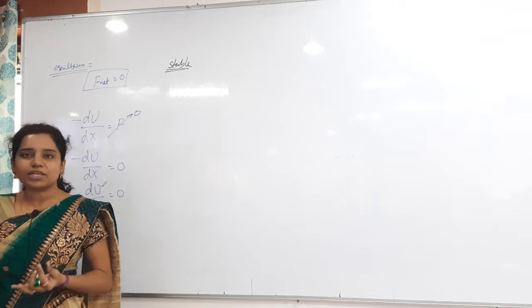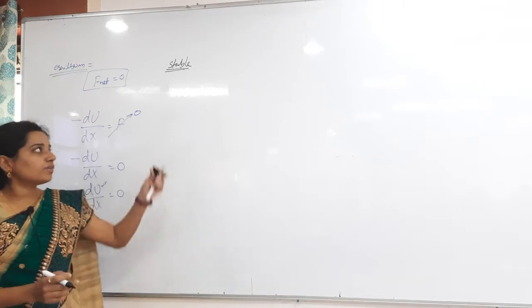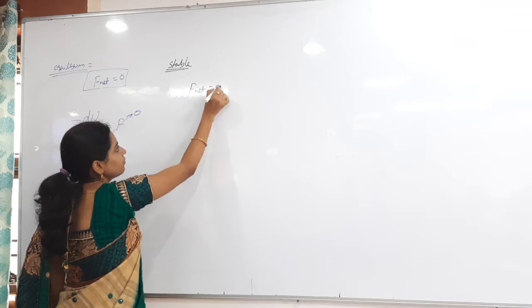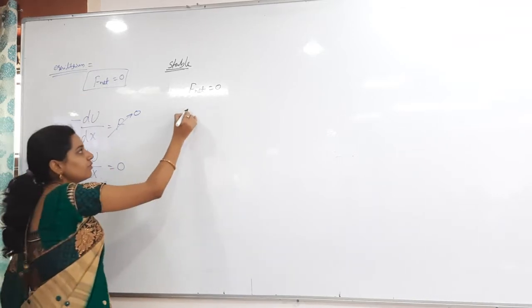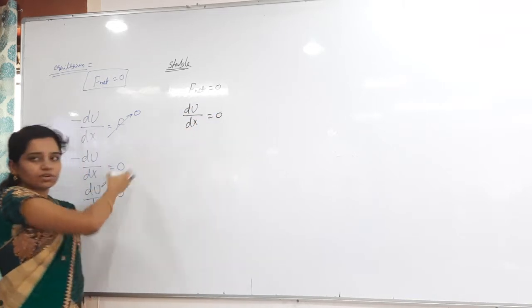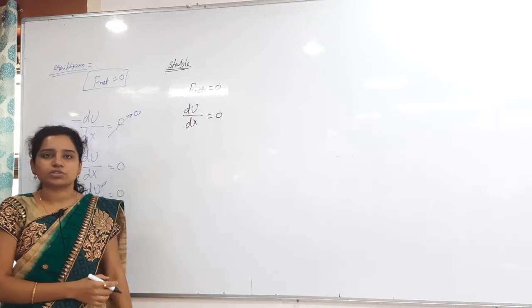I am saying at equilibrium the net force is equal to 0. Now in a stable equilibrium also the net force is 0. If the net force is 0, then du by dx also becomes how much? 0 only. That is what we got here: minus du by dx is equal to 0, hence du by dx is also 0.